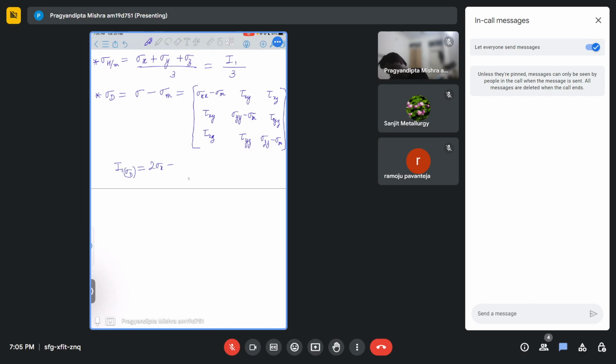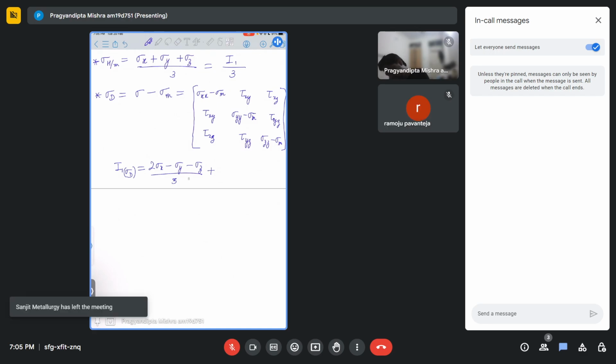2 sigma x minus sigma y minus sigma z by 3, right? Plus the y component will be 2 sigma yy minus sigma x minus sigma z by 3, plus your zz component will be 2 sigma zz minus sigma x minus sigma y by 3.